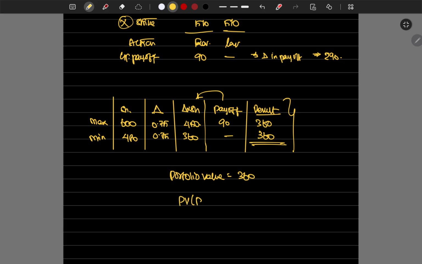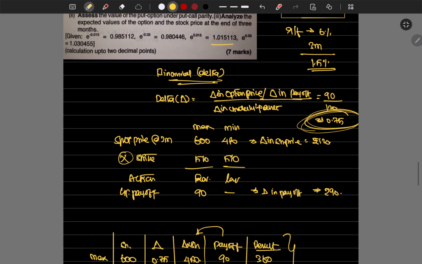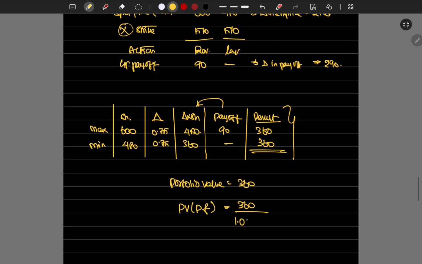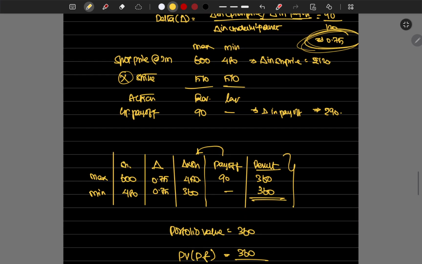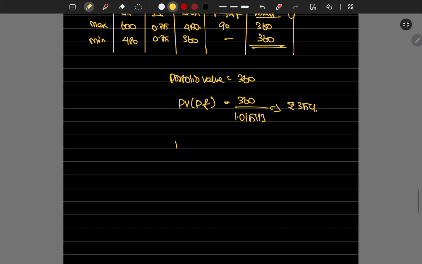What's the present value of portfolio value? 360 divided by 1.015113, which is rupees 354.